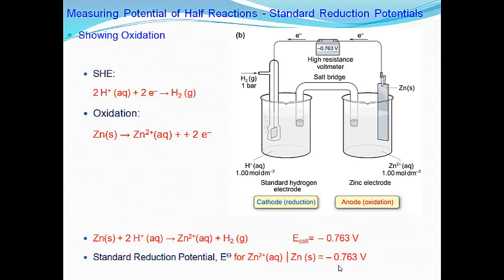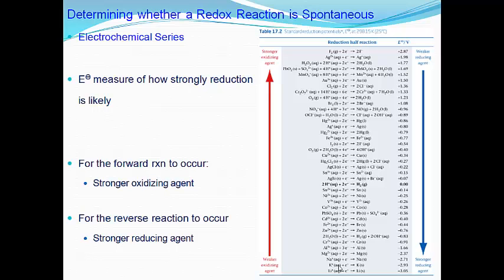Now, what is it then that these E0 values tell us? Remember that for a particular half cell, we are representing the capacity for reduction or oxidation to take place through what is described as a standard reduction potential. So we're going to be representing all of our half cell reactions as a reduction process.